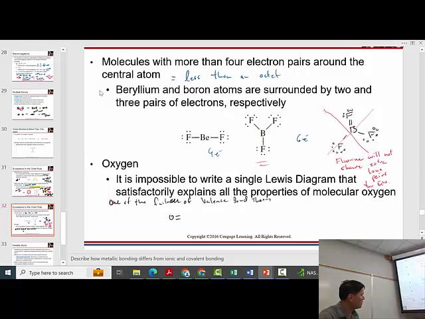So it turns out this Lewis structure here is incorrect. Therefore, we must use the full version of quantum mechanics, which we call molecular orbital theory, to properly describe oxygen. And so this is actually wrong.